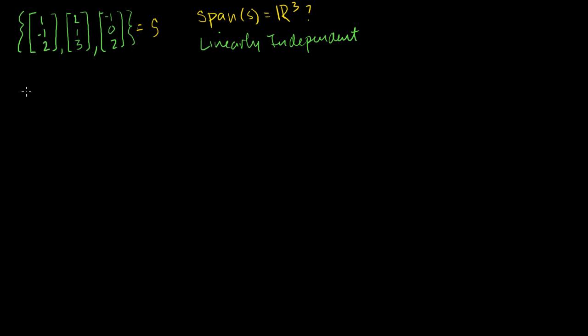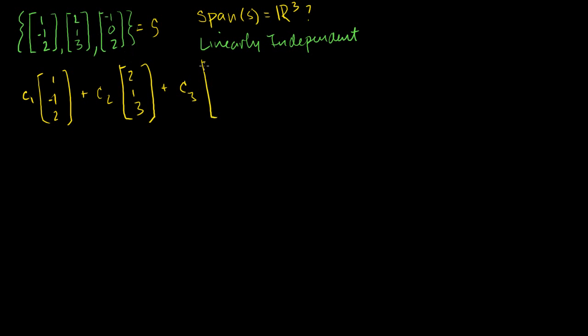I could have c1 times the first vector, 1, minus 1, 2, plus some other arbitrary constant c2, some scalar, times the second vector, 2, 1, 3, plus some third scaling factor c3 times the third vector, minus 1, 0, 2.